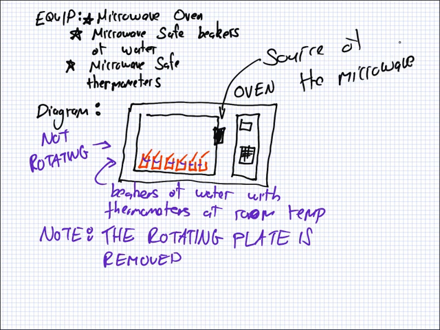Now, believe it or not, the size of the microwave oven is actually very important. You can't just make it any size. They make the size of the microwave oven so that a standing wave can be formed inside it. So what happens is these vibrate up and down.